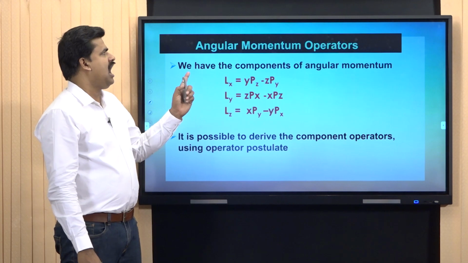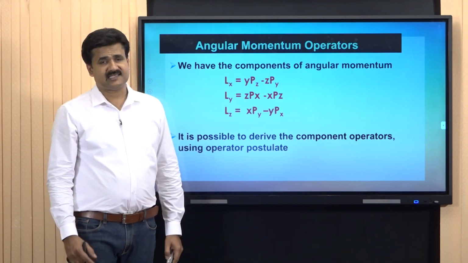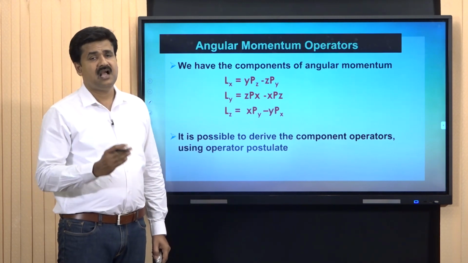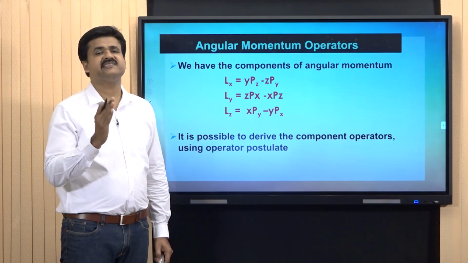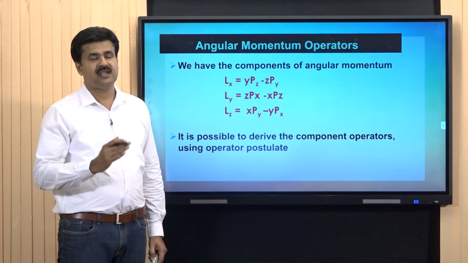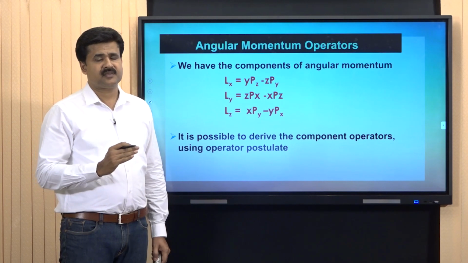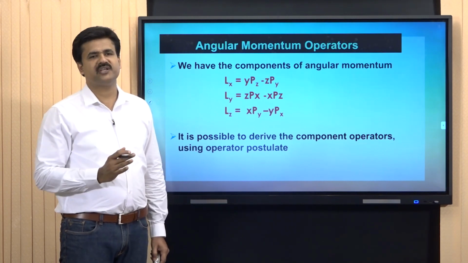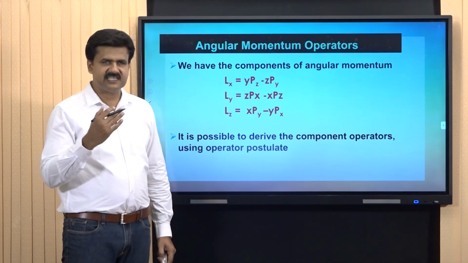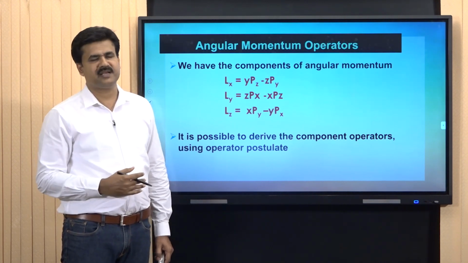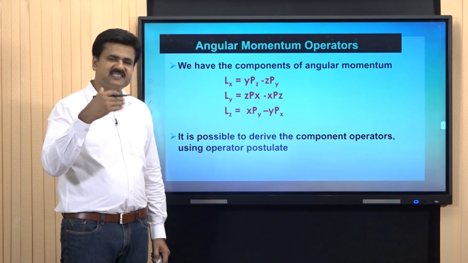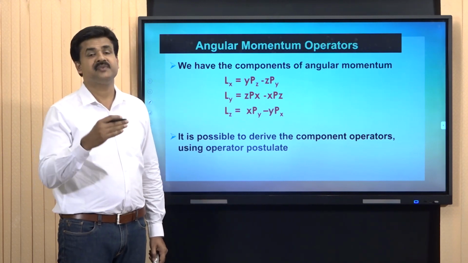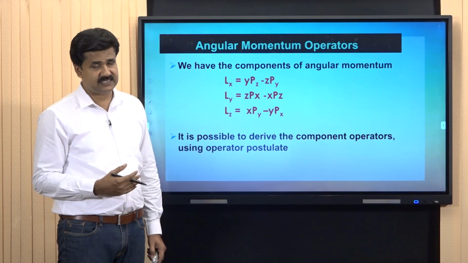Now, angular momentum operators. It should be noted that angular momentum is a physical quantity. In quantum mechanics, there is an operator corresponding to angular momentum. That is, to every physical quantity in classical mechanics, there will be a linear Hermitian operator.